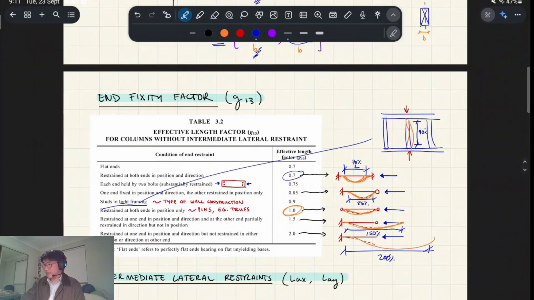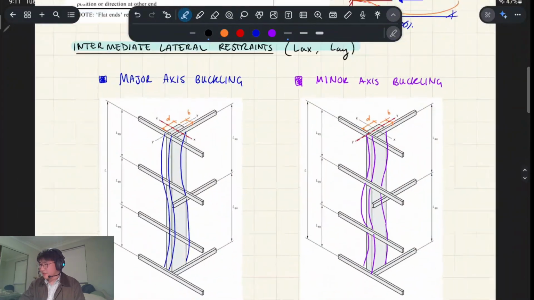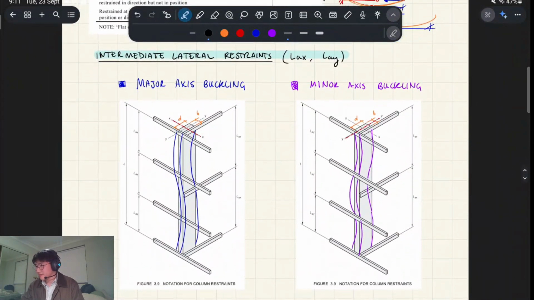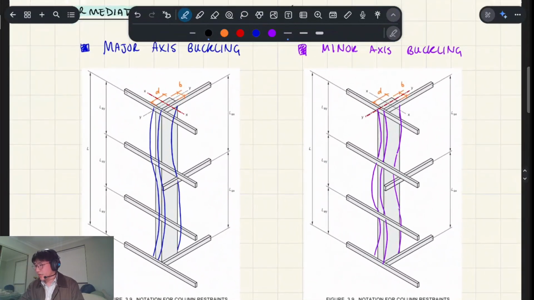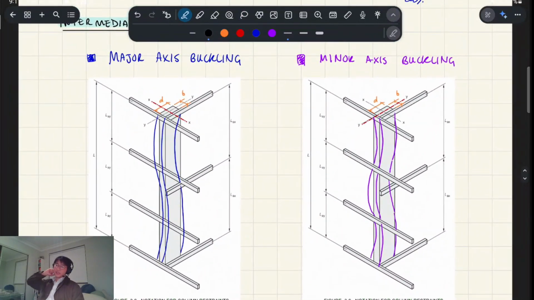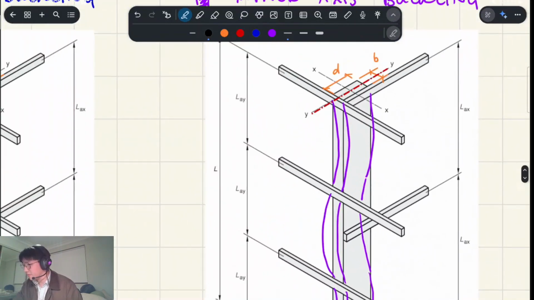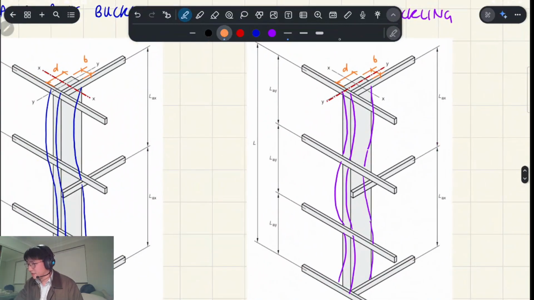Cool. That's end fixity. The next one is intermediate lateral restraints. This is what I was trying to talk about before. It's a little bit tricky to get your head around, but you have major axis and minor axis buckling. Minor axis buckling is easy to show with my little wooden ruler. Each of these restraints is stopping it from doing this.